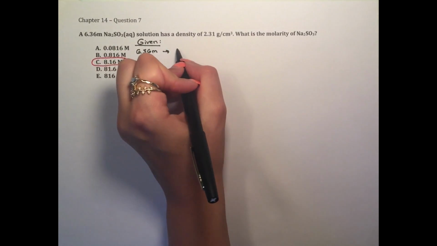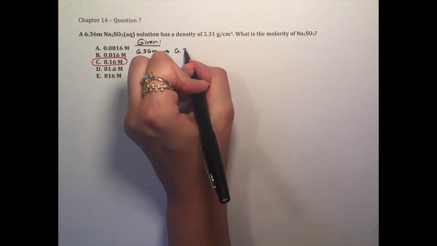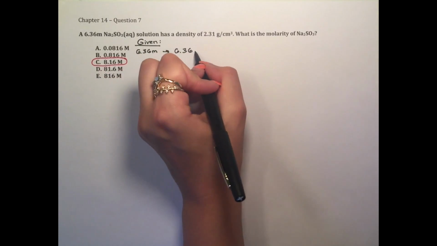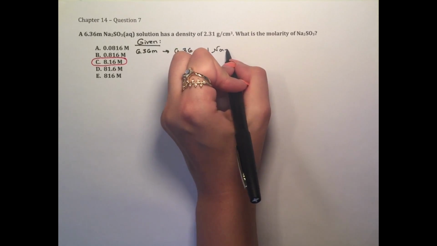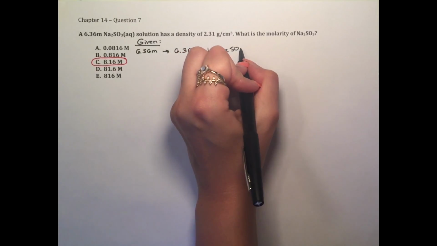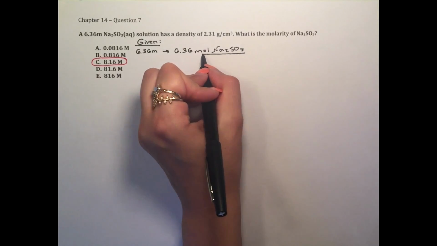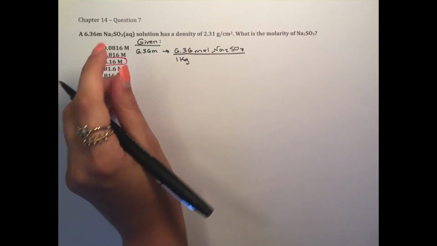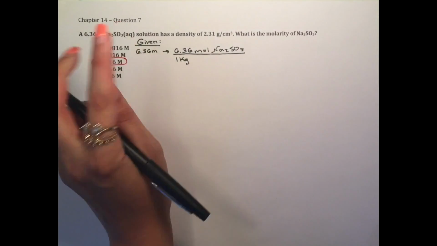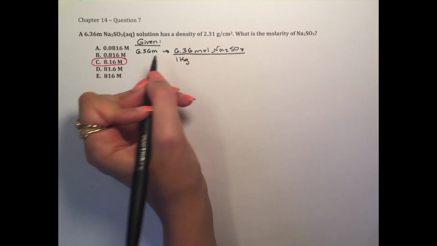So what that is telling us is that we have 6.36 moles of Na2SO3 per 1 kilogram of our solvent, which we know is water because of this aqueous sign.